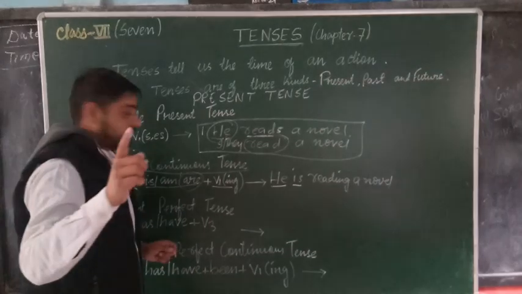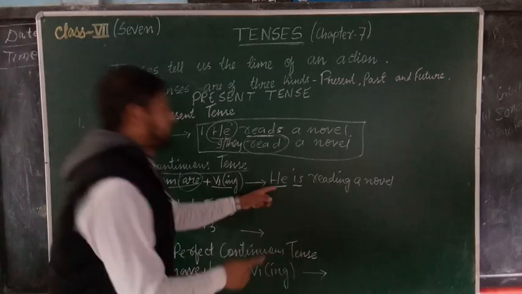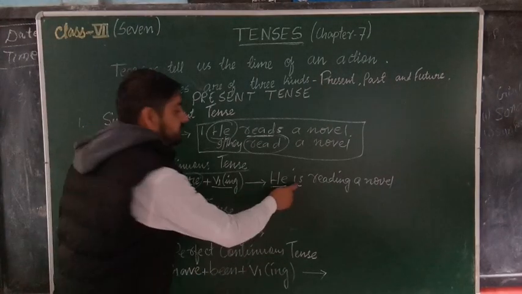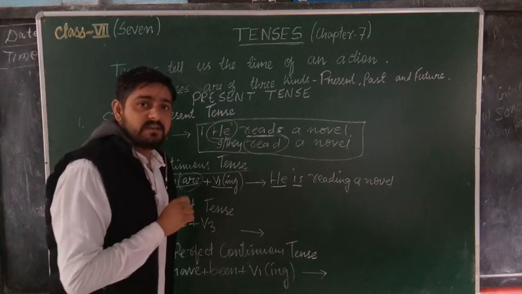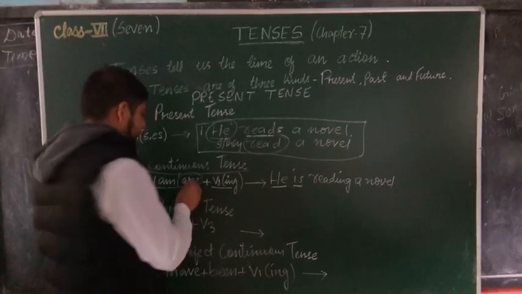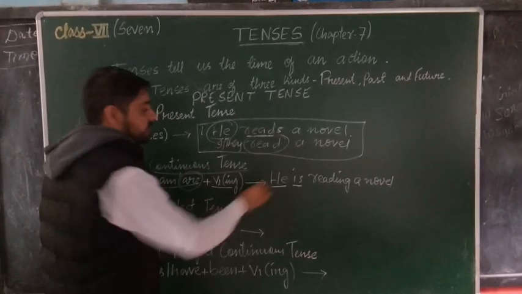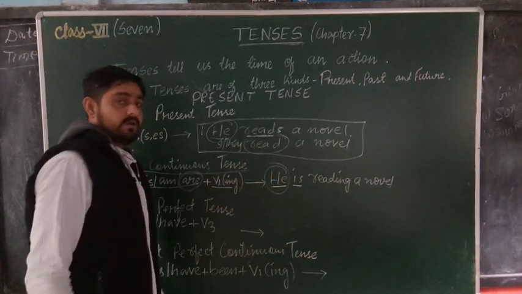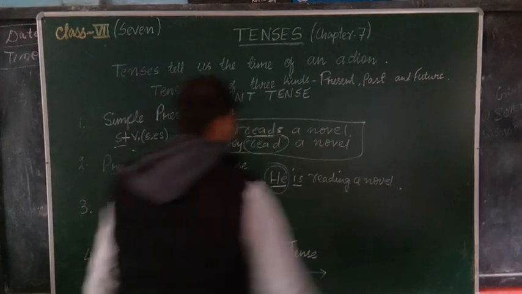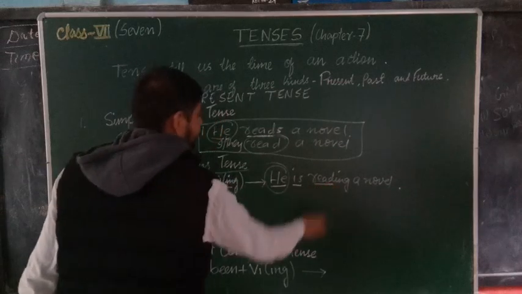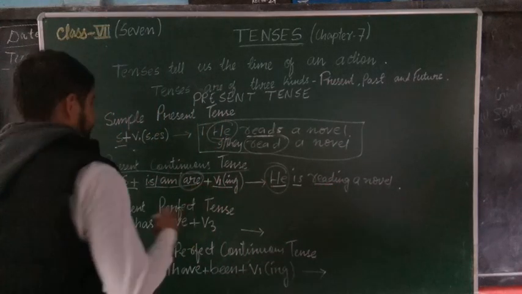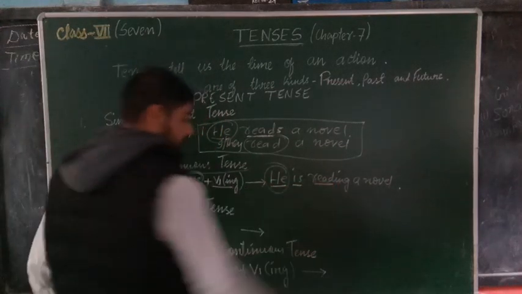What I have said: if the subject is singular, then is. If the subject is I, then am. If the subject is plural, then are. This is our subject. Now read is the first form of the verb, then in continuous we need to add ing.